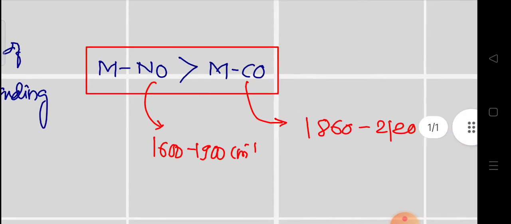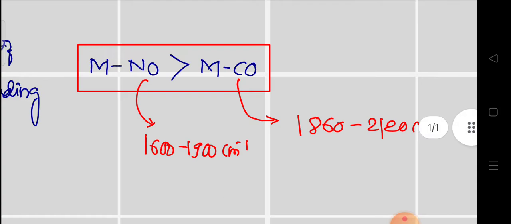The strength of back bonding in nitrosyl as well as CO can be identified with the help of IR spectroscopy. The carbonyl frequency in metal carbonyl complexes is in the range of 1860 to 2120 per centimeter.